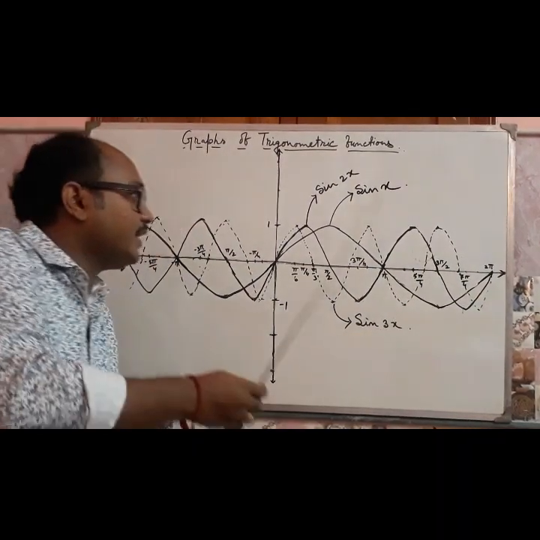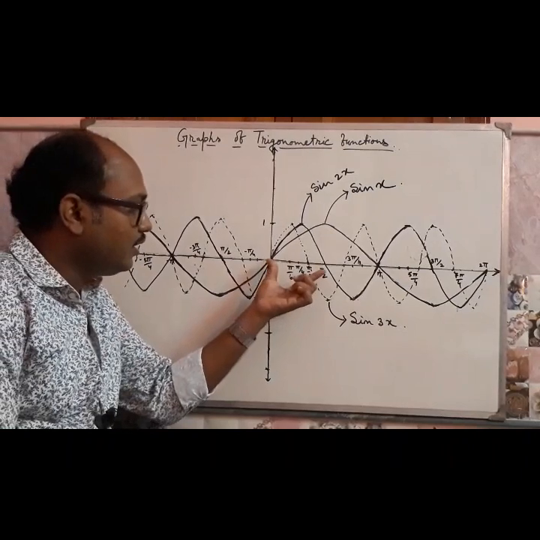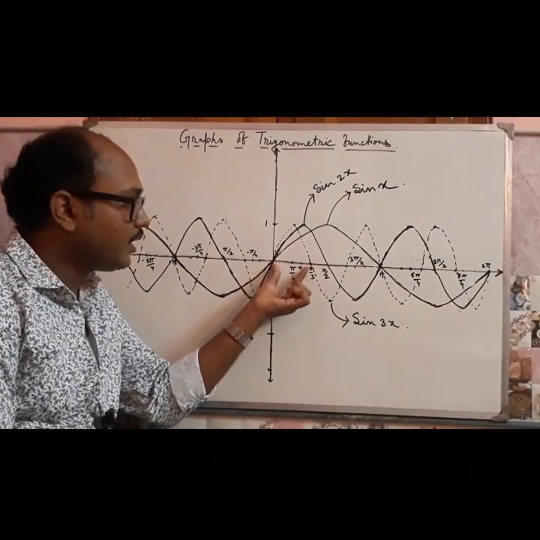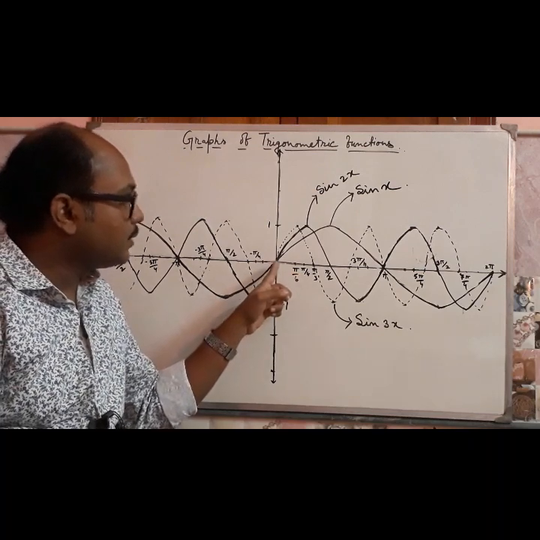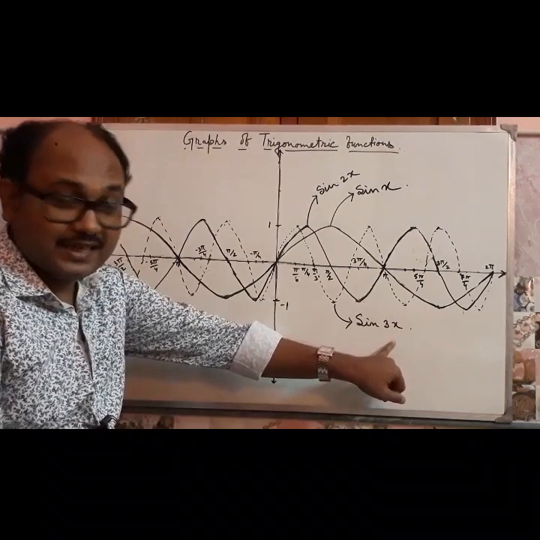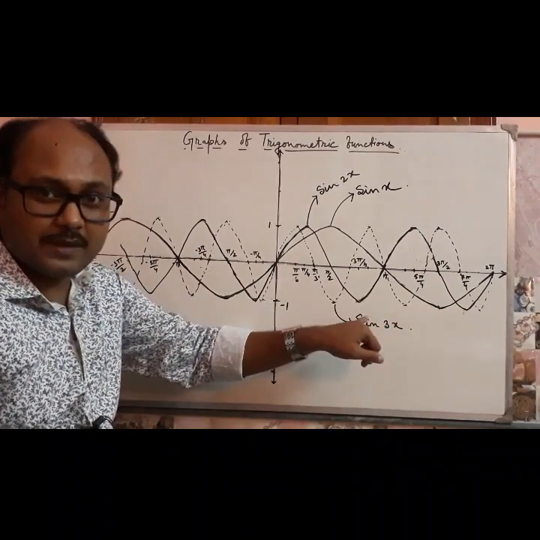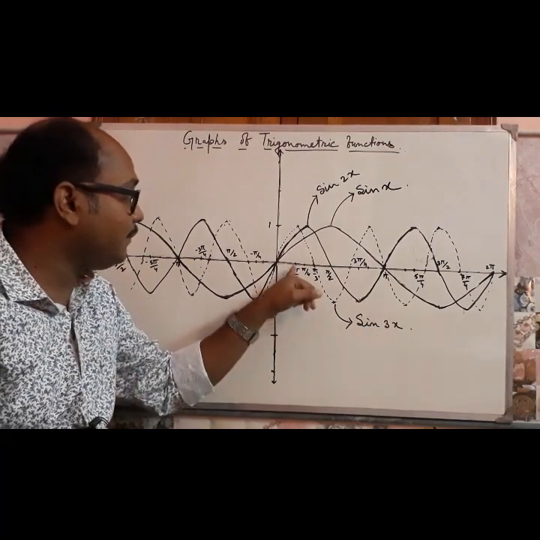And if we take sin 3x, the period will decrease again. If x is equal to pi by 6, then 3 into pi by 6 becomes pi by 2. That means for pi by 6 it becomes 1.